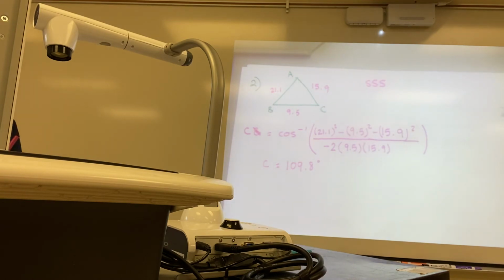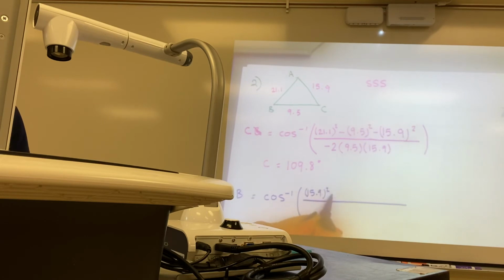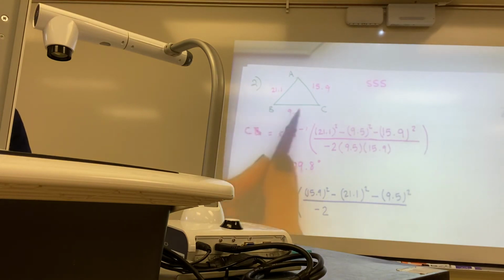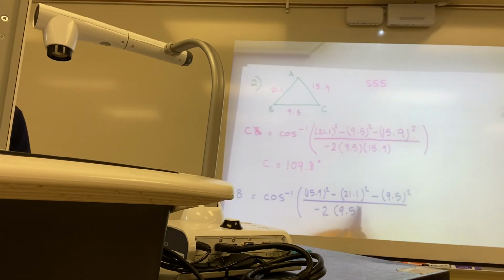Now let's find angle B. And this will be again cosine inverse of B squared, that's the 15.9 squared, minus C squared, that's 21.1 squared, minus A squared, that's 9.5, divided by -2 times A, and A is 9.5, times C, and C is 21.1.